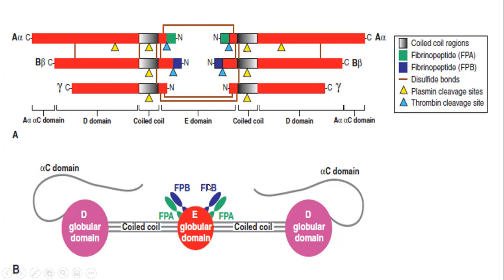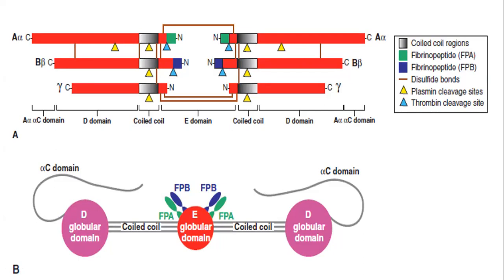This fibrinogen molecule contains a lot of aspartic and glutamic acid, and in that sense, it has a negative net charge.